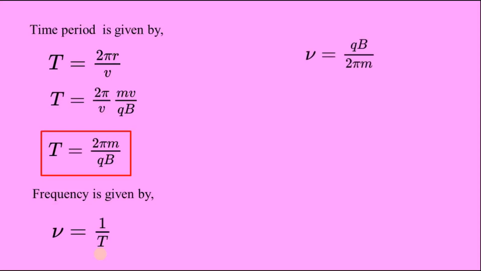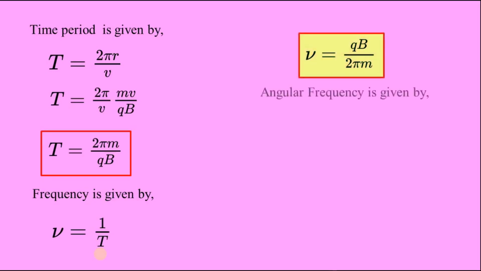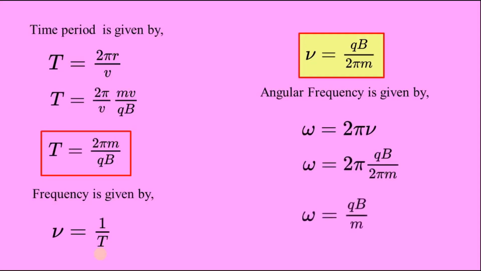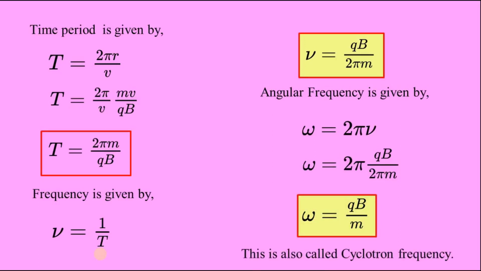The angular frequency omega is given by 2 pi into nu. Substituting for nu, we get omega equal to qB by m. This frequency is also known as the cyclotron frequency.